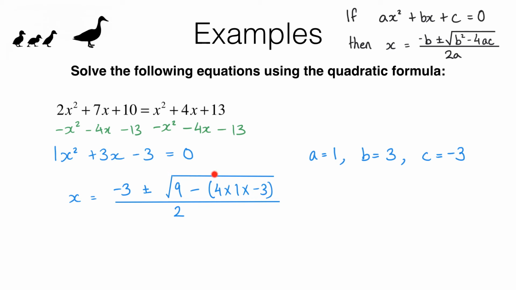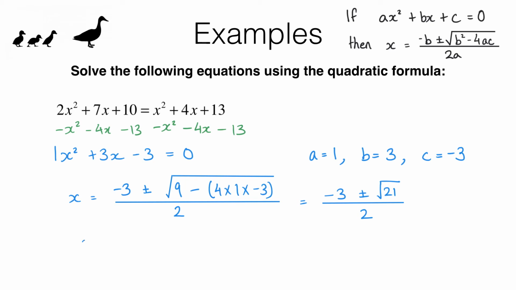Focusing on the square root, the bit in brackets is 4 times 1 times negative 3, which is negative 12. So we have the square root of 9 minus negative 12, and that gives us the square root of 21. So x equals negative 3 plus or minus the square root of 21 all over 2.